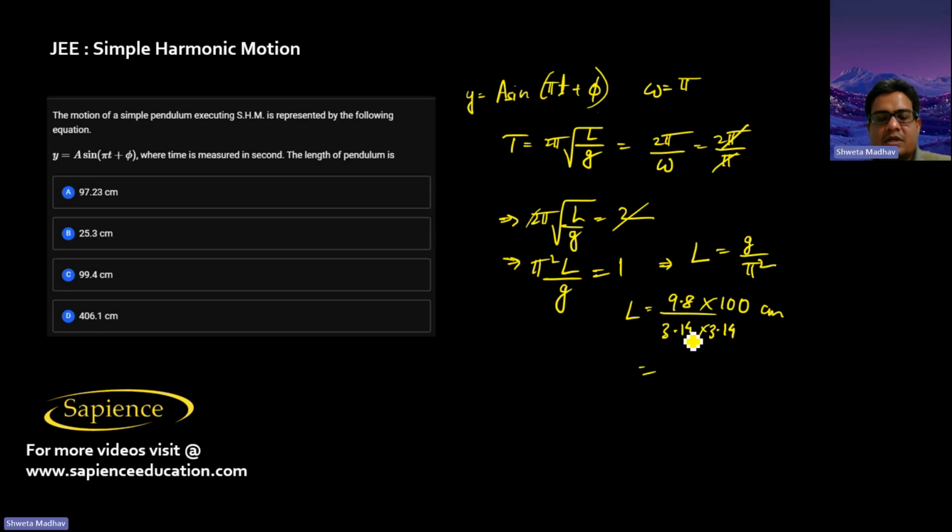So this is 980 by pi square centimeter. 980 divided by pi square is approximately 99.3, so about 99.4 centimeter.